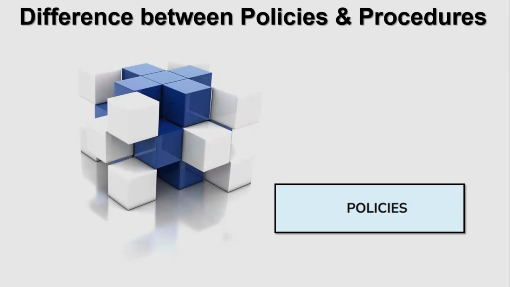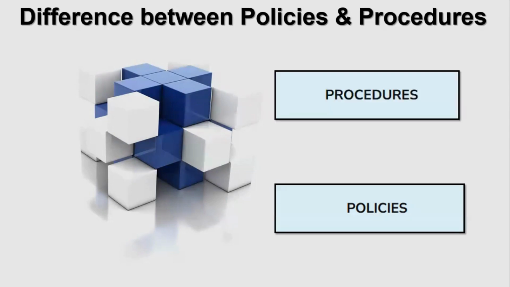And no doubt you would have come across various policies, especially when you are being employed, and you have to sign various policies and procedures accordingly. Now, a procedure, on the other hand, is a detailed step-by-step set of instructions or guidelines that outline how a specific task or process should be carried out within an organization.